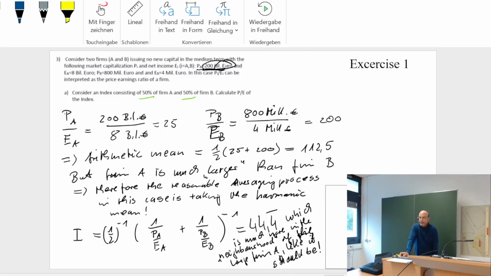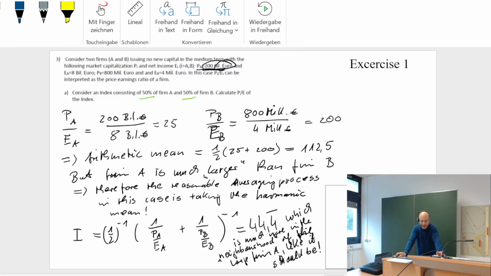Well, of course, you are definitely allowed to just calculate the index via the arithmetic mean. But we should think of, is this then a reasonable number? And in this case, when we want to calculate something like an index, then we have also to keep in mind that we have different sizes of our firms, and this should also be in our averaging process.